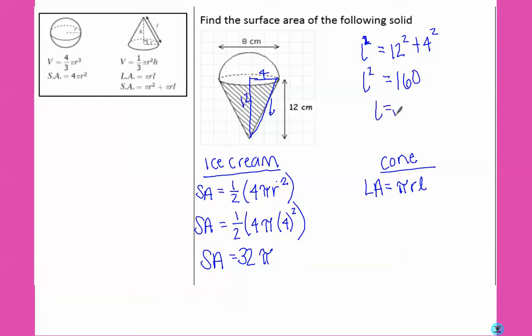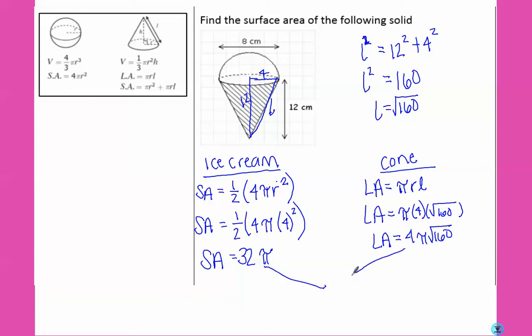So L would be the square root of 160. 160 is not a perfect square, so we're just going to leave it like that to plug it in. So pi times 4 times the square root of 160 would be 4 pi root 160. So we're going to add those together.